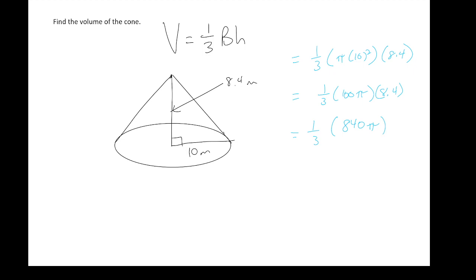I can actually do that in my head. Move that decimal 2 times. You guys remember that old trick? So it's going to be 1/3 of 840, which is actually divisible by 3, 8 plus 4 is 12 plus 0. So then punch that into our calculator, and we're going to get 280 pi. And in this case, our volume is going to be in units cubed. So this is in meters cubed.